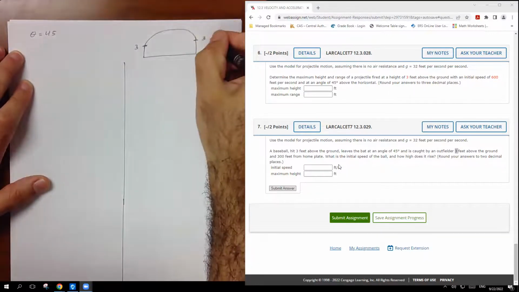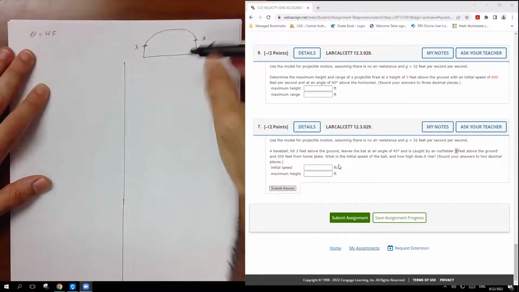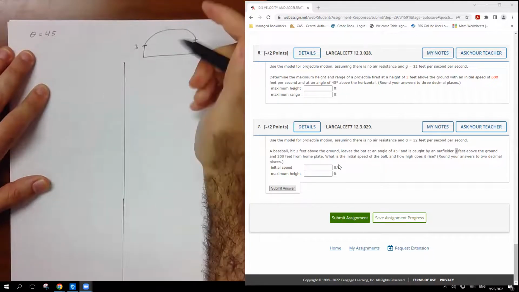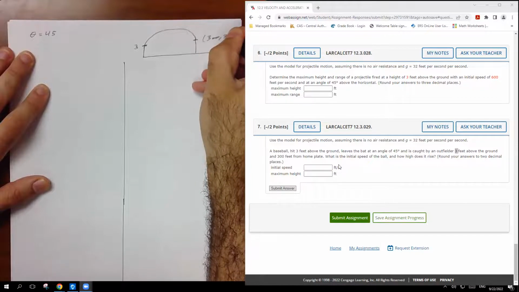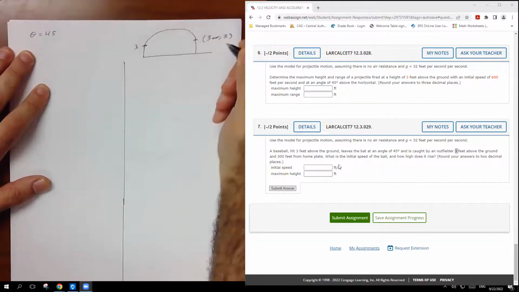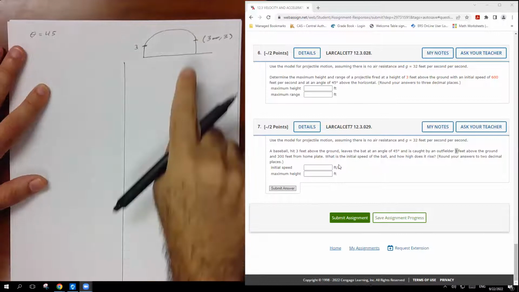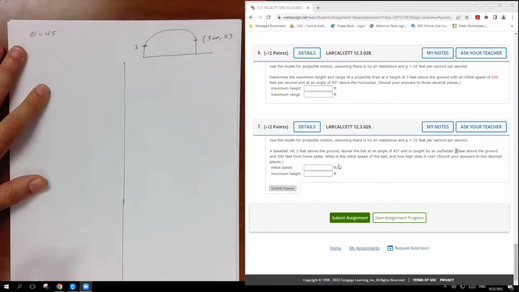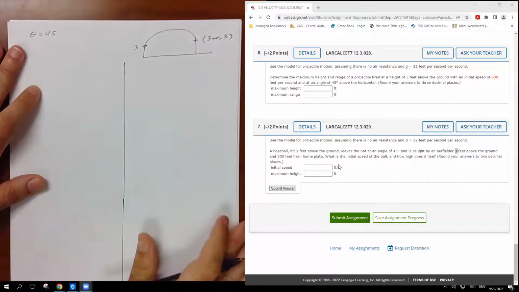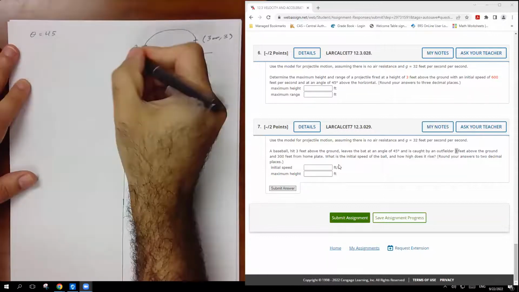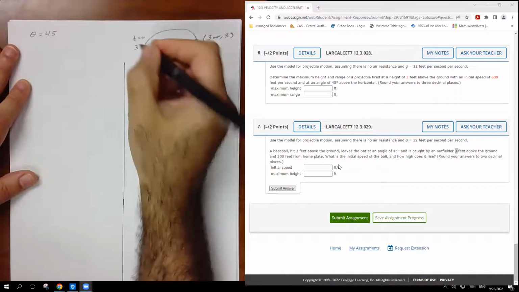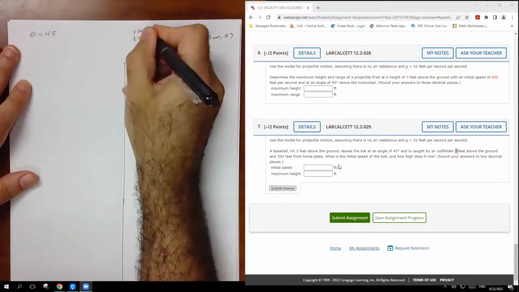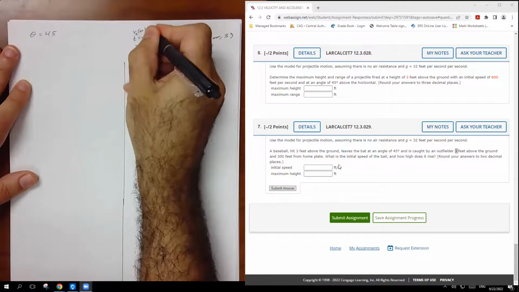So I already know r sub x is 300, and r sub y is 3, which is at this point. So now, at this point, the time equals 0, and r sub x is going to be 0.